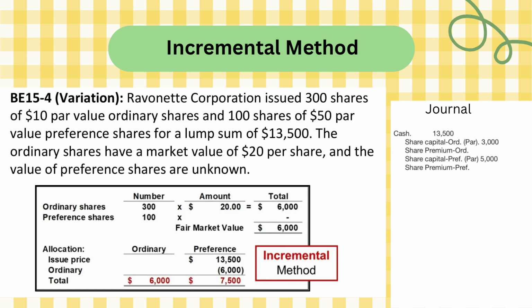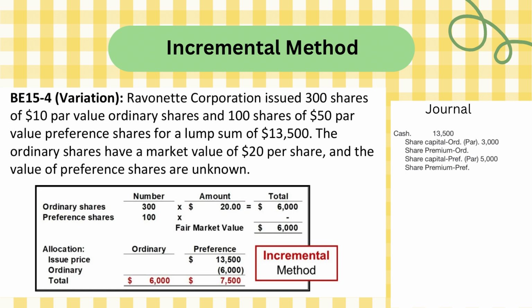Okay, so I'm gonna say that the 13,500 will be allocated to the ordinary and to the preference based on this. I know that 6,000 is the total fair value for the ordinary. The rest will go to the preference. So as you can see, the total is 13,500. I'm gonna deduct the 6,000 and I'm gonna get 7,500.